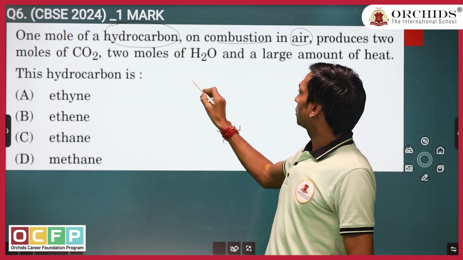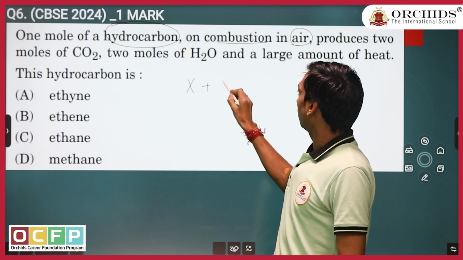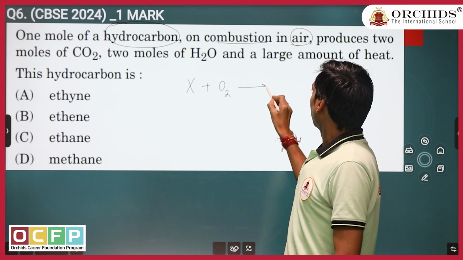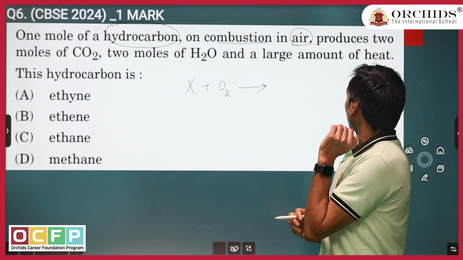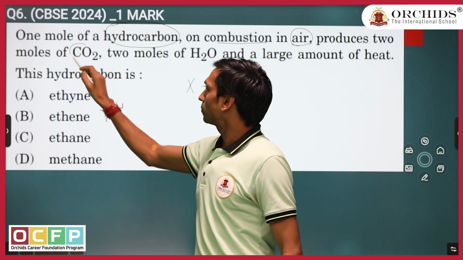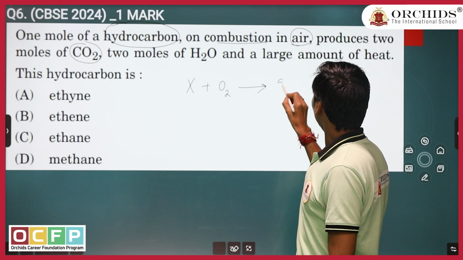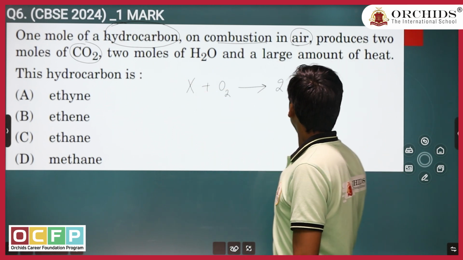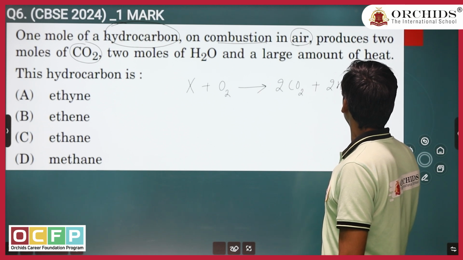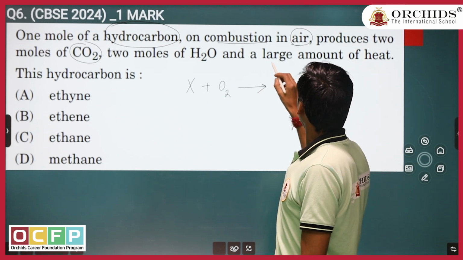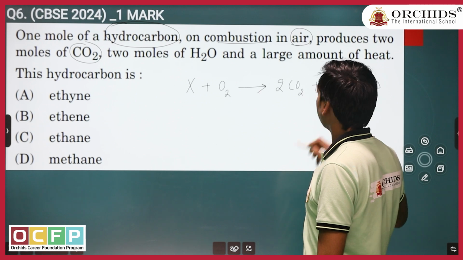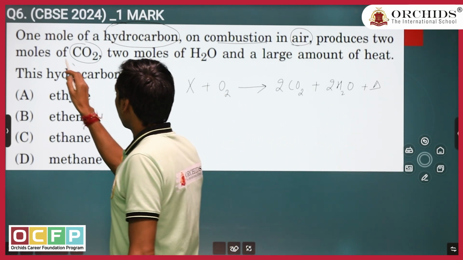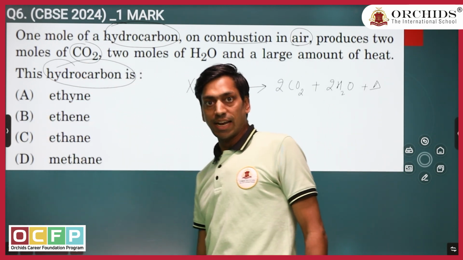Let X be that hydrocarbon, and when we are burning that in air, means oxygen, it produces 2 moles of CO2, plus 2 moles of water, and a large amount of heat and light. We have to find out that hydrocarbon X.